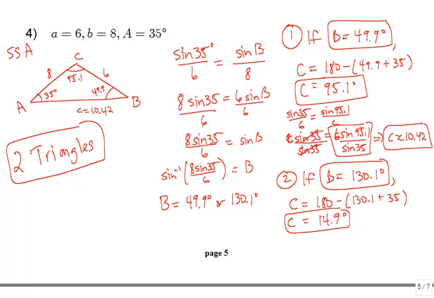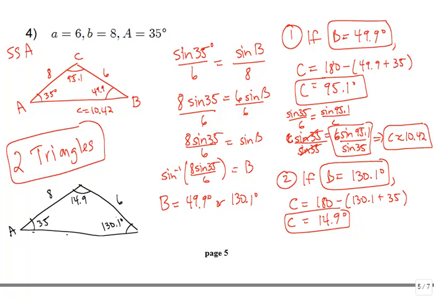Okay, now in our second case, let me draw my second triangle over here. We still had A was 35 and its opposite side was 6. We had side 8 for B, but this time in the second case we were assuming that angle B was 130.1, and my picture obviously is not to scale because that would be an obtuse angle, and this would be 14.9.